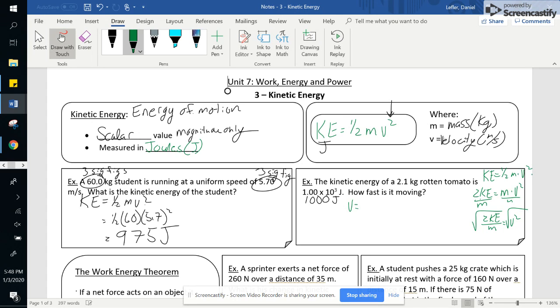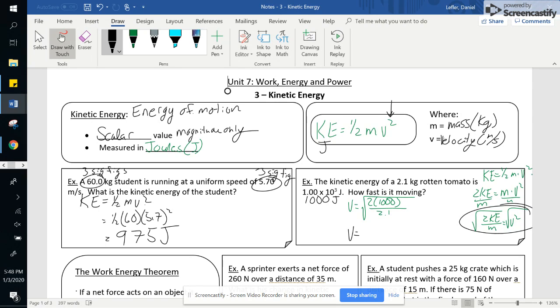So v is going to equal the square root. I'm just going to plug my numbers in here. So 2 times 1,000 divided by our mass, which is 2.1. And in fact, you might want to write this formula down, that v equals that whole chunk there.